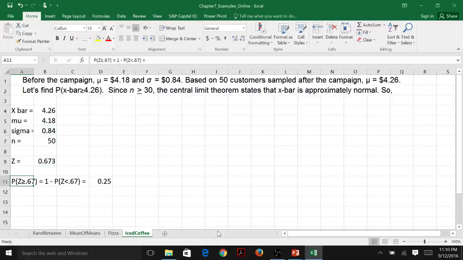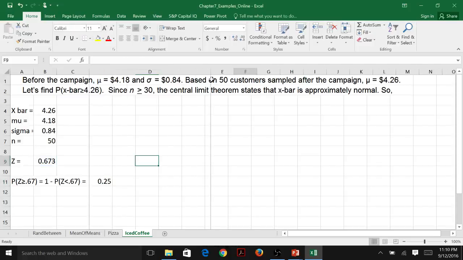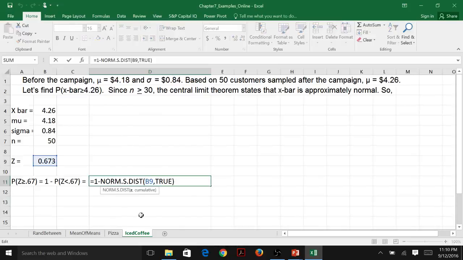So we have 0.67, we have to take 1 minus that, and that's why we draw this out for you: 1 minus norm.s.dist, take the z value and put in true. You could use norm.dist and put in the values and calculate z for yourself, and that gives you more precision.